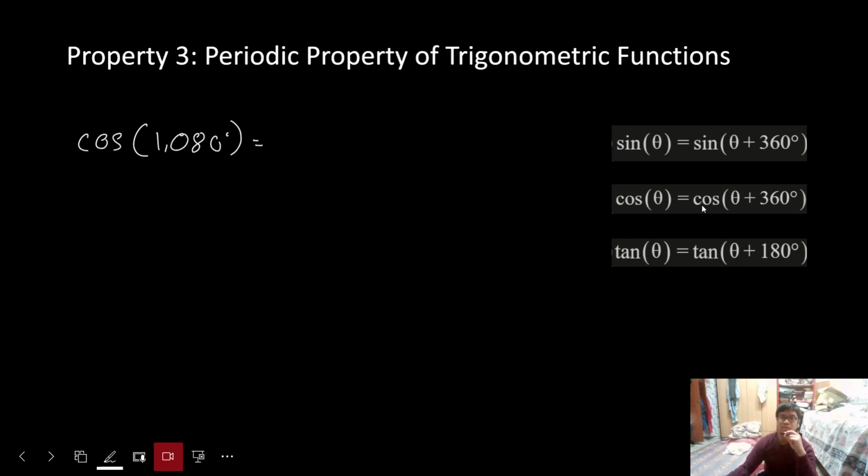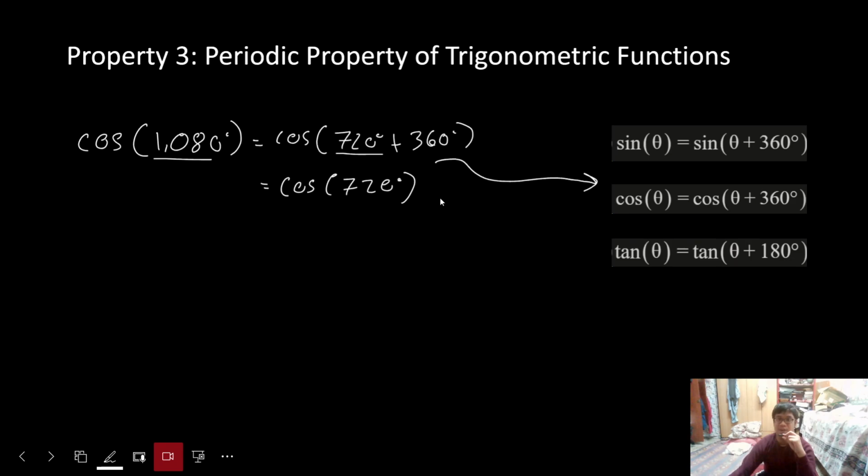The answer is 720 degrees. So 720 degrees plus 360 degrees. The angle we think of when adding 360 degrees is now our simplified answer, which is cosine of 720 degrees.